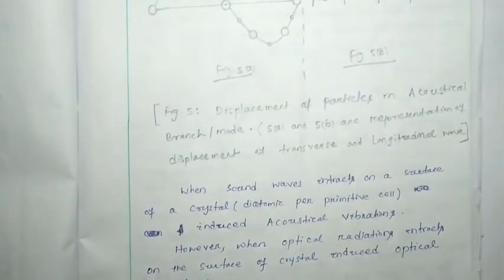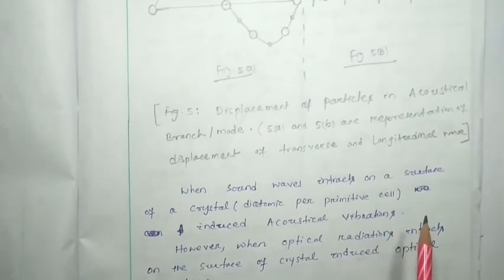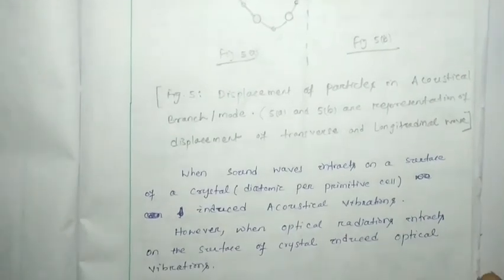From the overall discussion we found that in case of diatomic lattice vibration, there have to be two frequency ranges. One is the optical range and another is, sorry, the acoustical range.